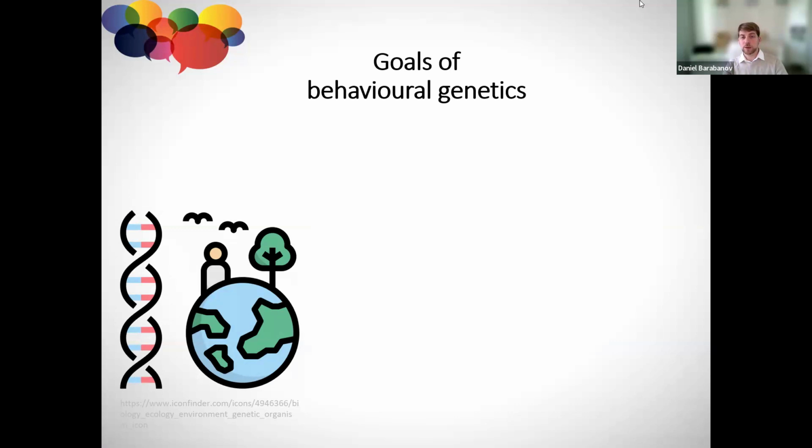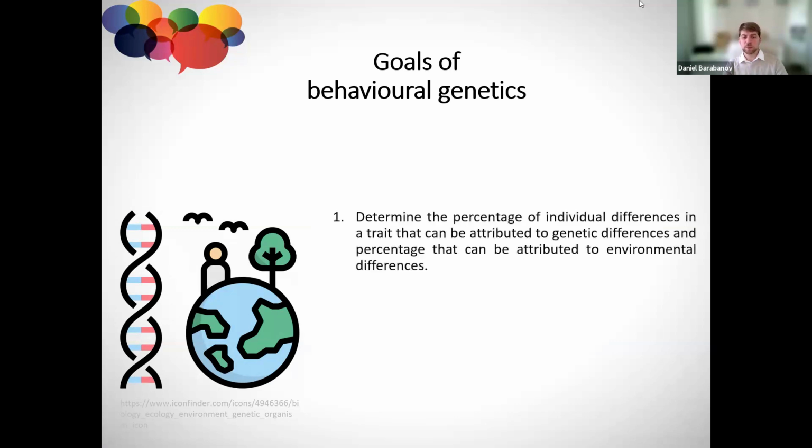Behavioral genetics basically has several main goals. First of all, to determine the percentage of individual differences in a trait that can be attributed to genetic differences and the percentage that can be attributed to environmental differences. We will discuss this in a bit more detail after considering all goals of behavioral genetics.